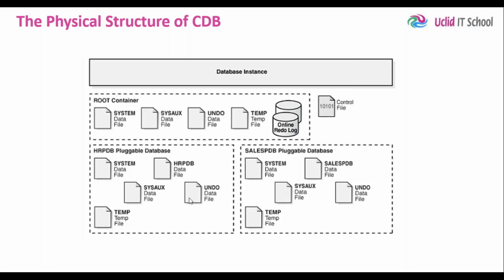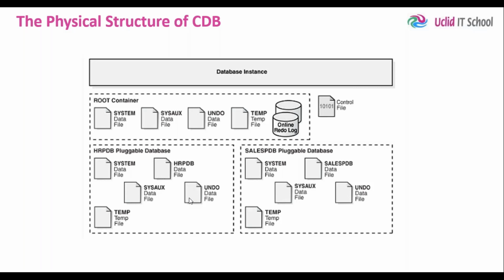Now, with this architecture, we can have two different roles. One is the CDB administrator, container database administrator, who is responsible for creating container databases, managing the container database, startup, shutdown, backup, upgrade, patch, and anything, the overall management of the container database. Now, you can also have another role called PDB administrator, PDB admin.